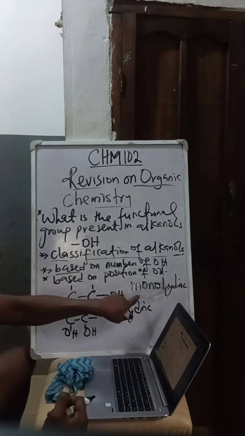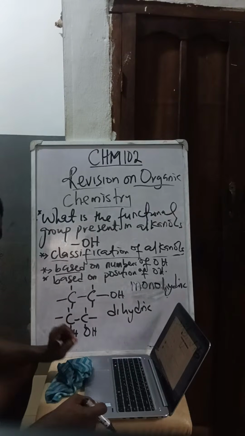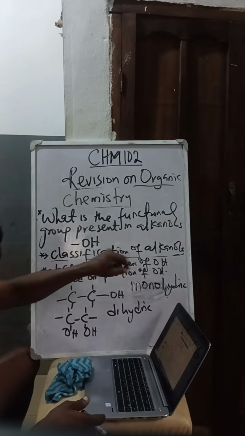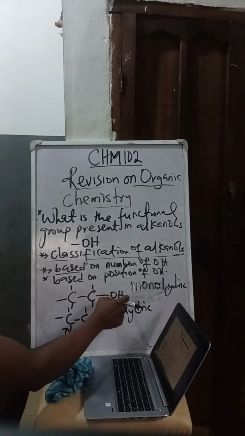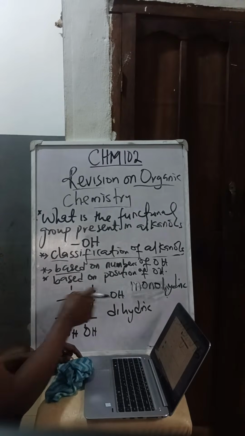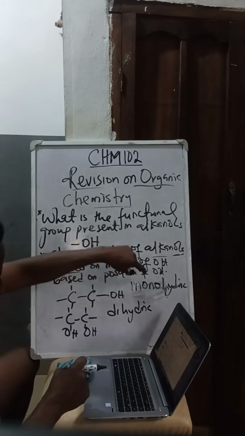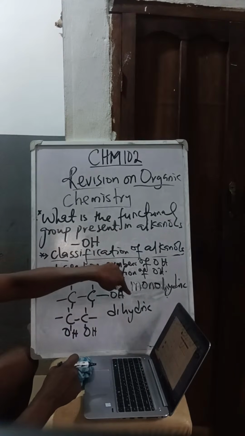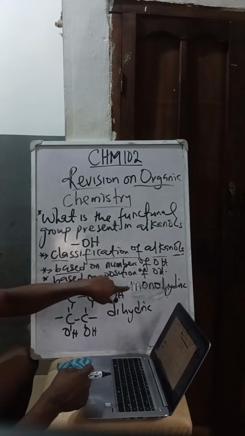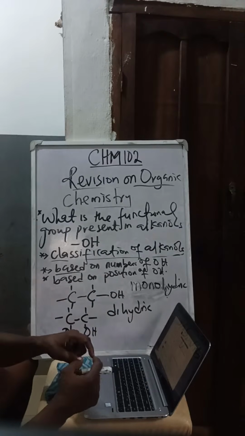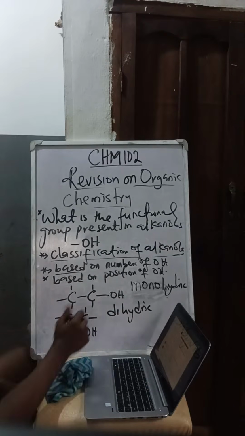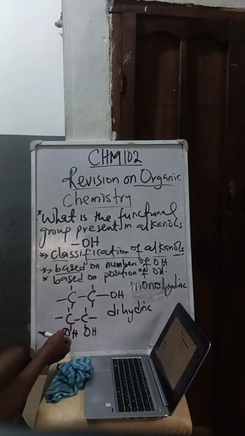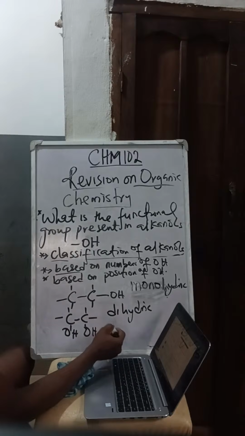For one OH, we call it monohydric alcohol. Under monohydric alcohol, we can talk about the position of the OH. So it is the monohydric alcohol that can now give us primary alcohol, secondary alcohol, and tertiary alcohol, as the case may be. But dihydric alcohol has two OH.